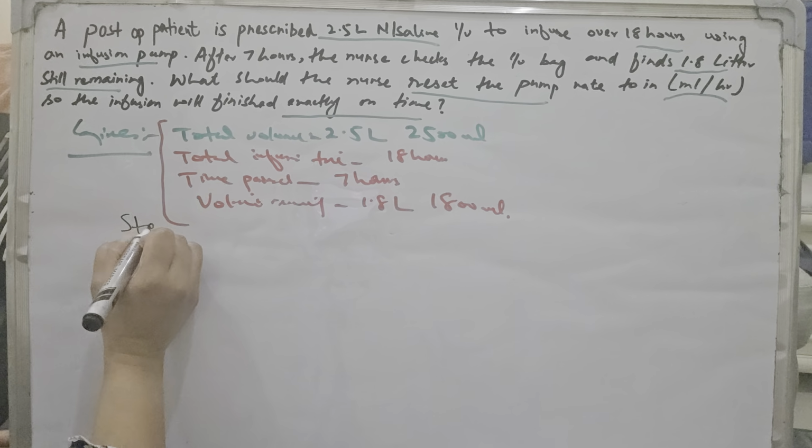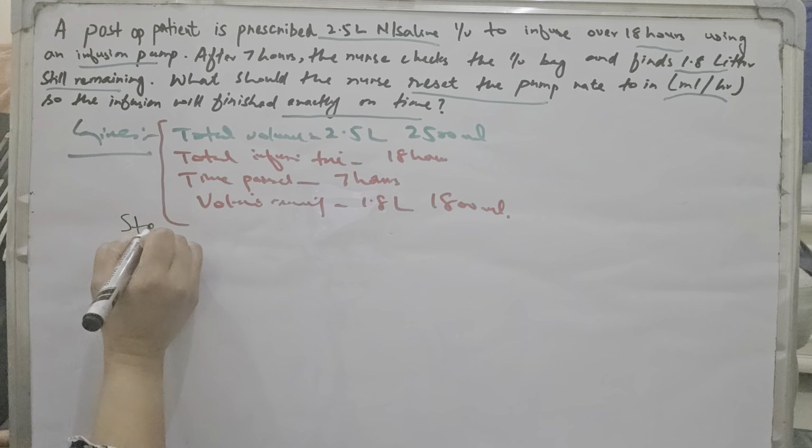Now our step number 3 is to calculate the new rate, because in the question they ask what the nurse should reset the pump to. So we want the new rate, because now we are resetting. How do we calculate the new rate? The new rate means ml per hour, because they ask us for ml per hour.